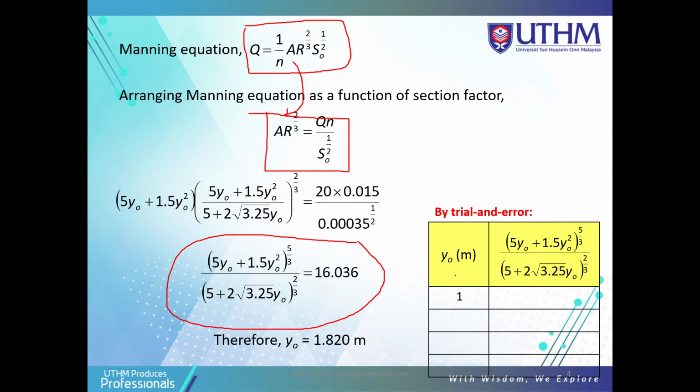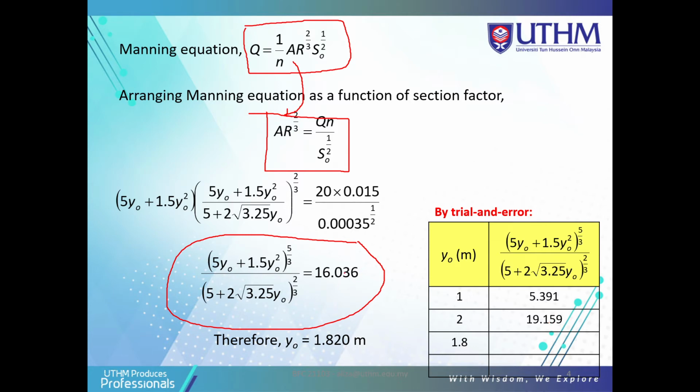If y naught is 1, you put it into this formula, and you get the value of 5.391. Then in the second row, you assume that y naught is 2, and you get this value, which is not the same as this value.